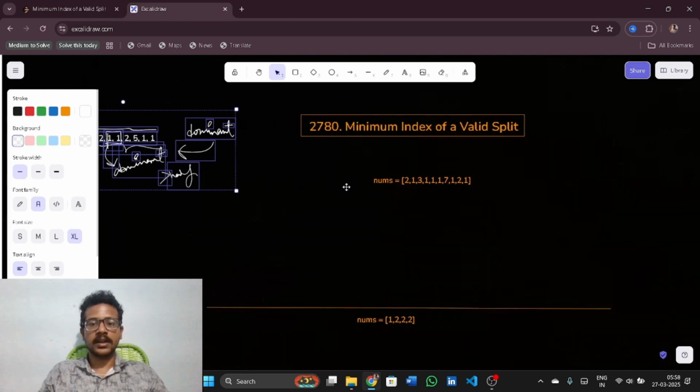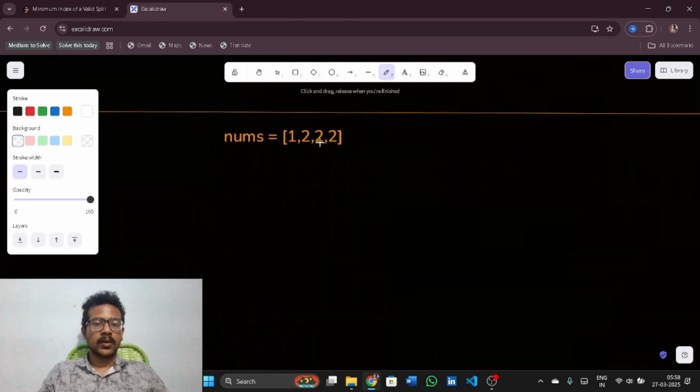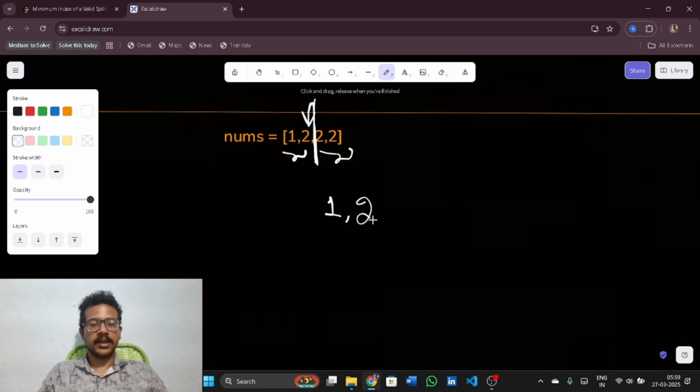Let us look at this example. Here I can make a split here, here, here, or here. But the condition is, if I make a split here, that means the array is split like this, and the dominant element in these arrays should be the same. Let us see whether this is a valid split.